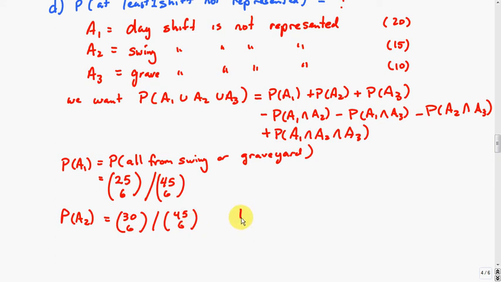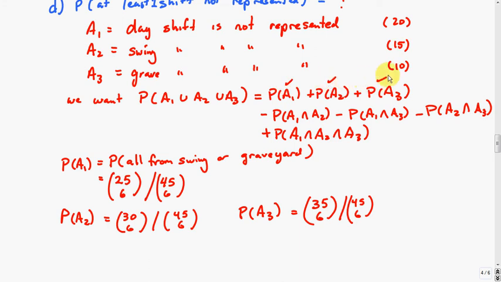And similarly, the probability of the event A3 is going to be 35 choose 6 over 45 choose 6, because A3 is the graveyard shift is not represented, and that in turn means that we're not picking from that group of 10, we're picking from the remaining 35. So that's the first three terms here. We've got those three guys.